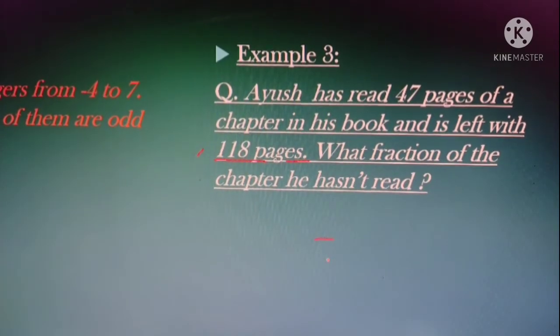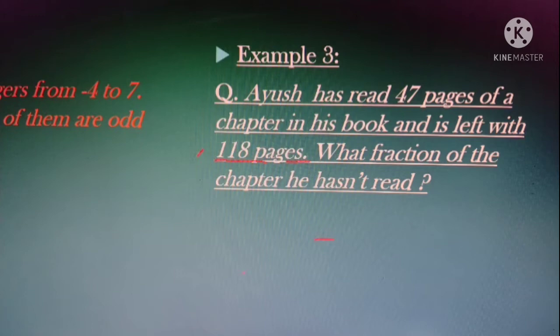So 47 plus 118 is 165. So below the division line you have to write 165, and the pages he has not read are 118 pages. So the fraction will be 118 by 165. Okay.